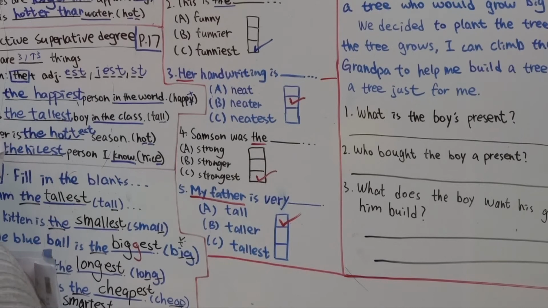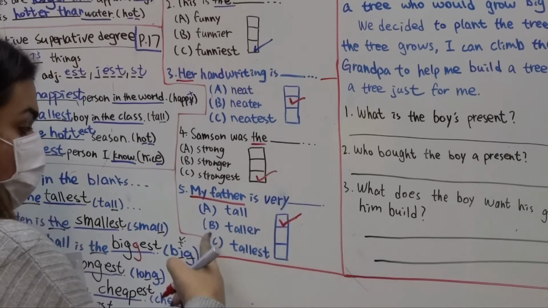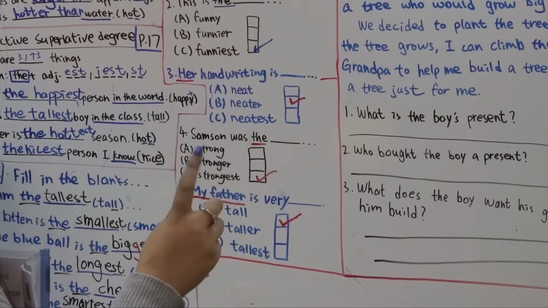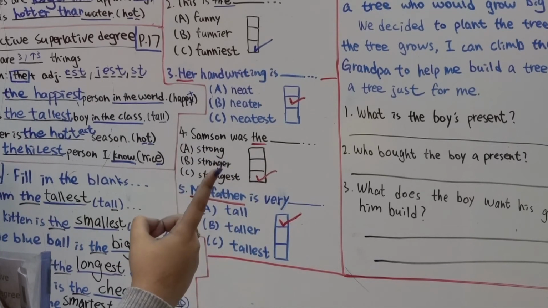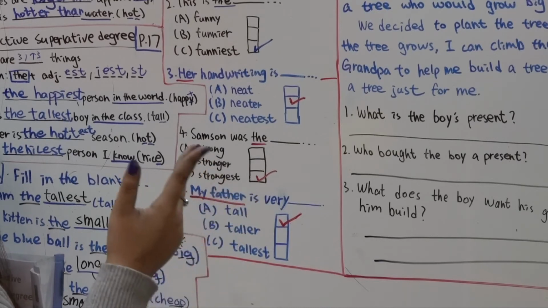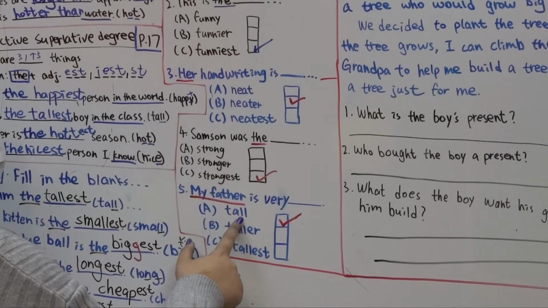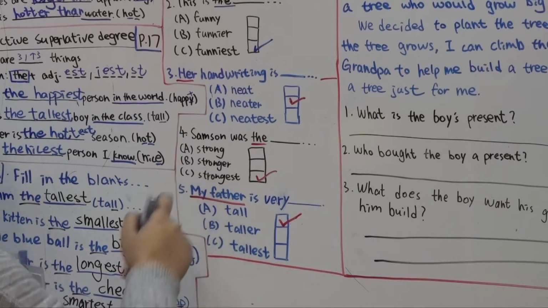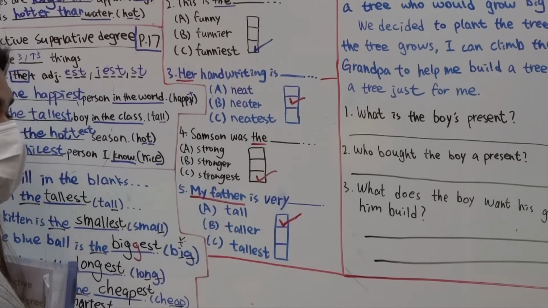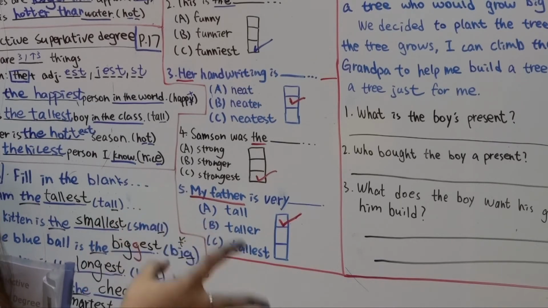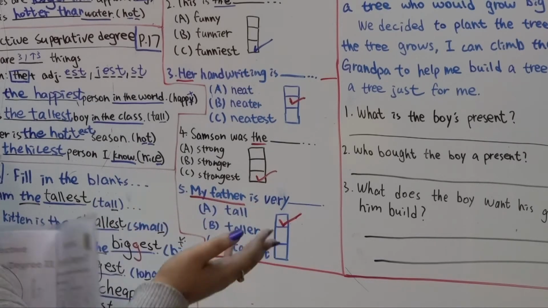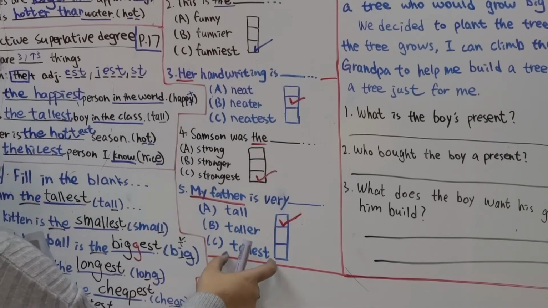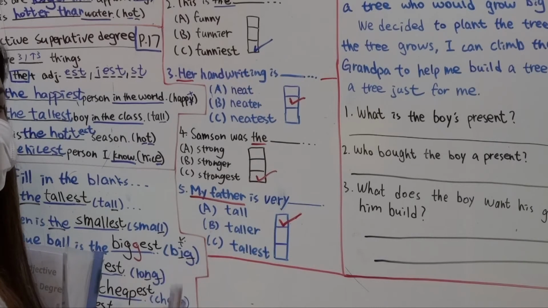We use adjective to describe a noun. We use comparative adjective to compare 2 things, and we use superlative to compare 3 or more than 3 things.